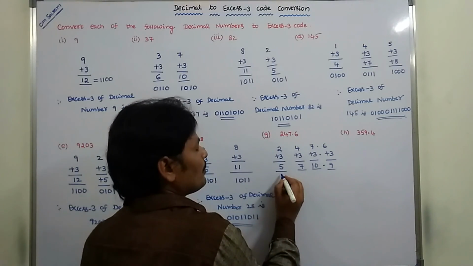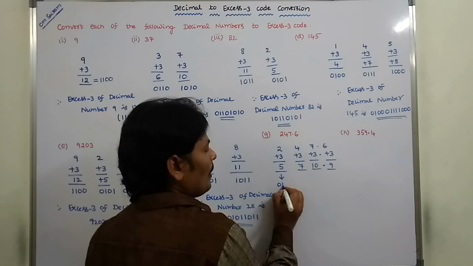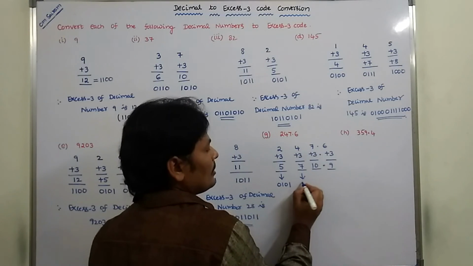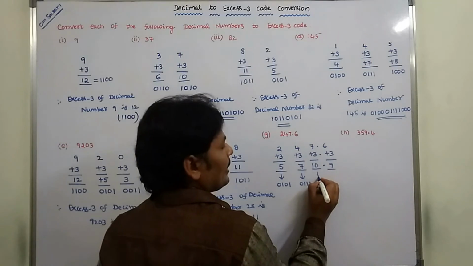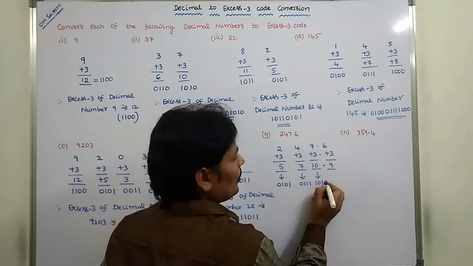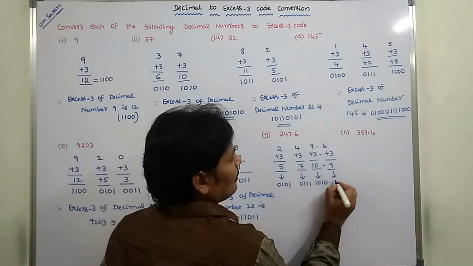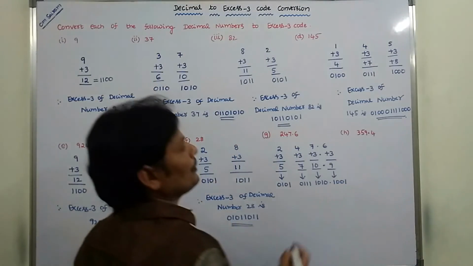Okay. The corresponding binary number is 0101. Here 0111. Here 1010. Point. Here 1001. Okay.